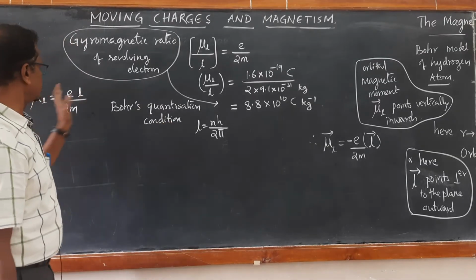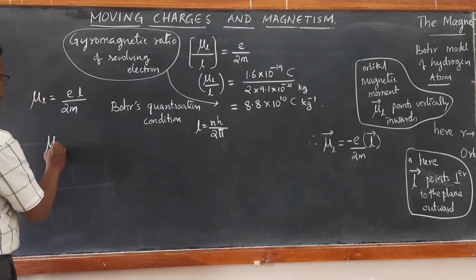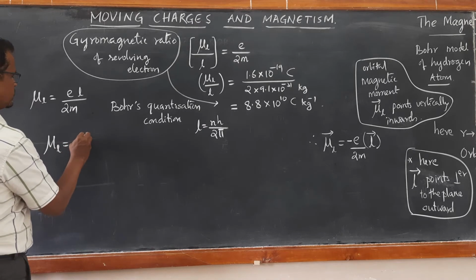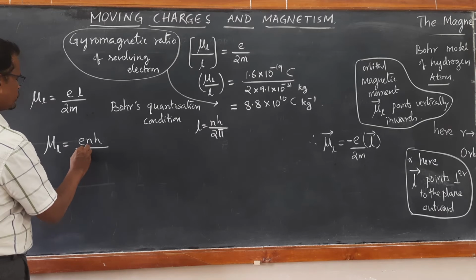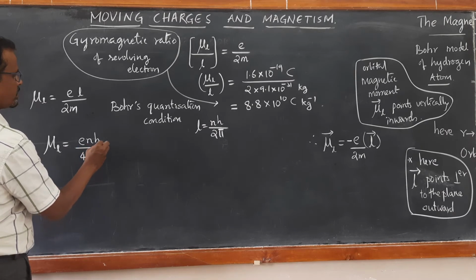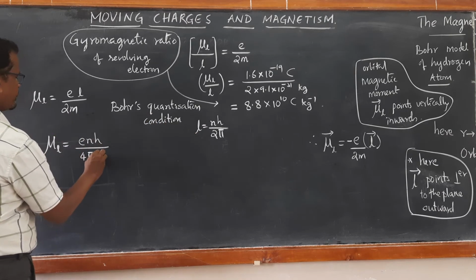If you substitute this in this equation, we get mu L is equal to e into nh upon 2 into 2 into 4 pi m.